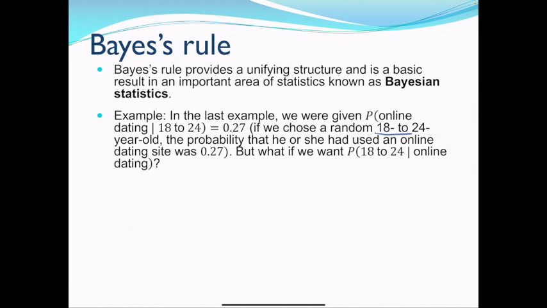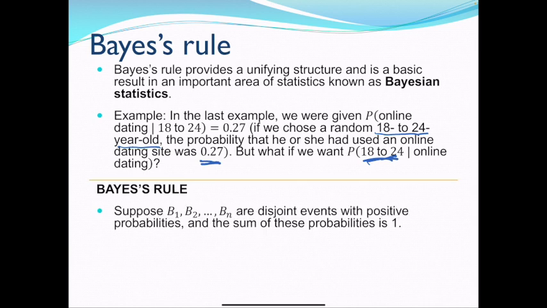So if we chose a random 18 to 24-year-old, the probability that he or she had used an online dating site is 0.27. But what if we want the probability of 18 to 24 given online dating? So the probability that if we chose an online dater, they'd be 18 to 24. And for that, we need Bayes' rule.